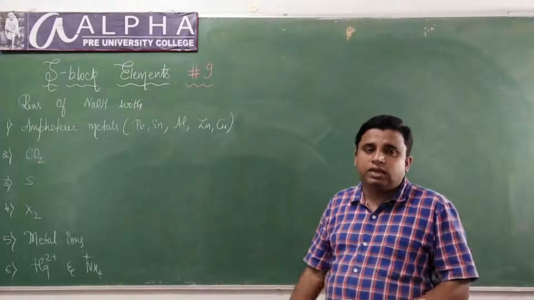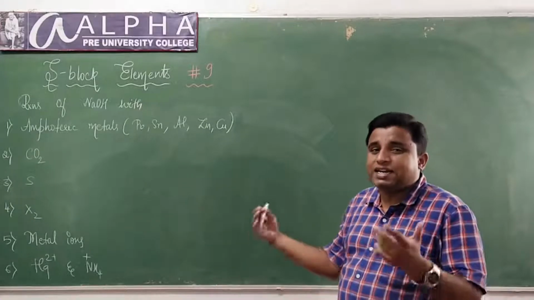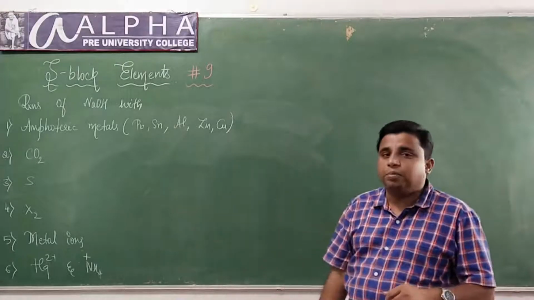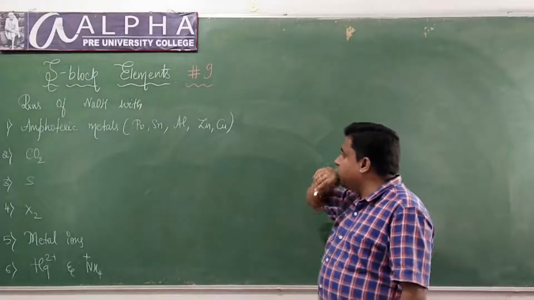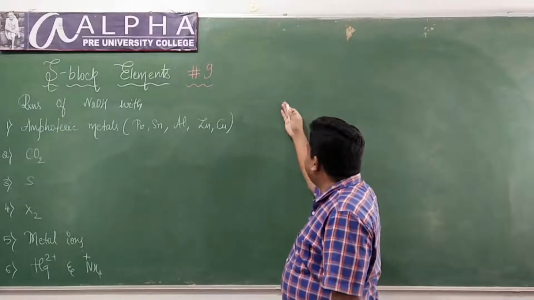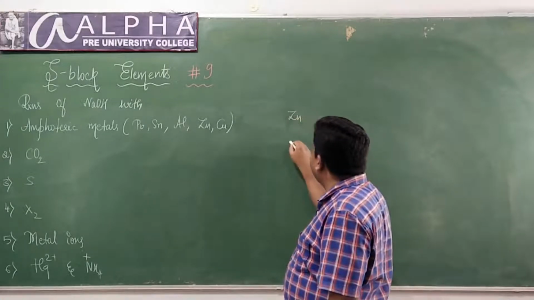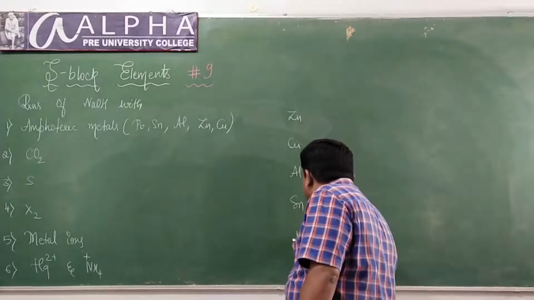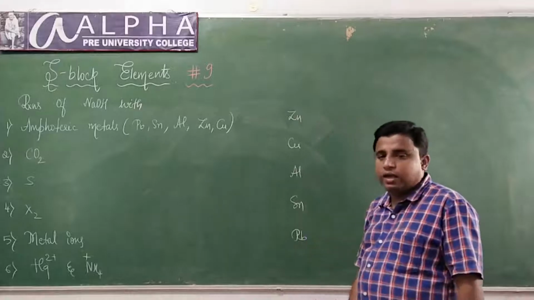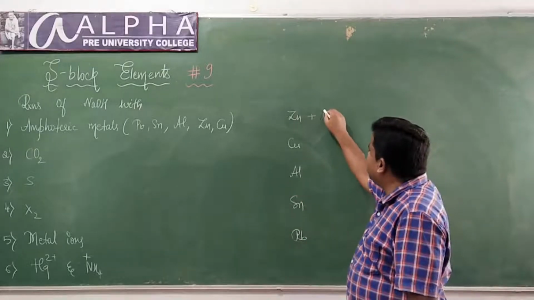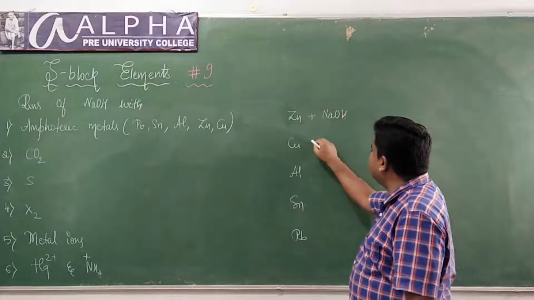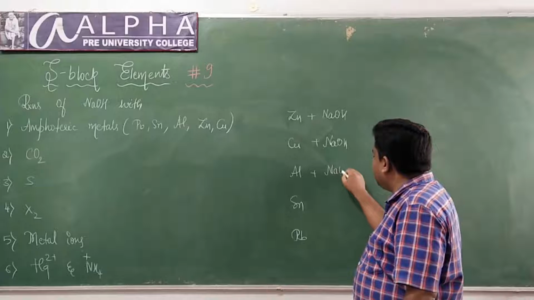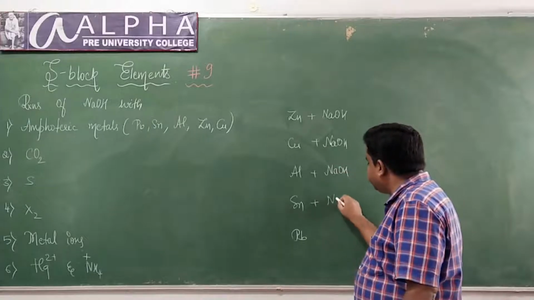But still, let us memorize all the reactions and see how sodium hydroxide reacts with these amphoteric metals, like zinc, copper, aluminium, tin and lead. They react with sodium hydroxide.